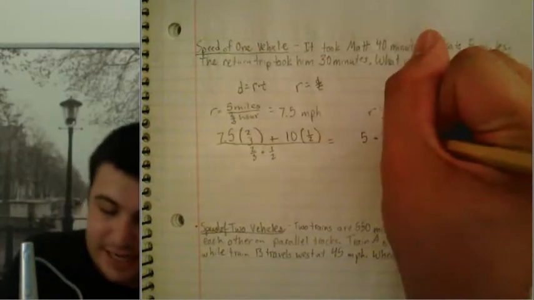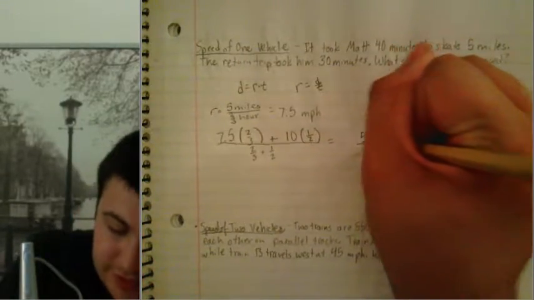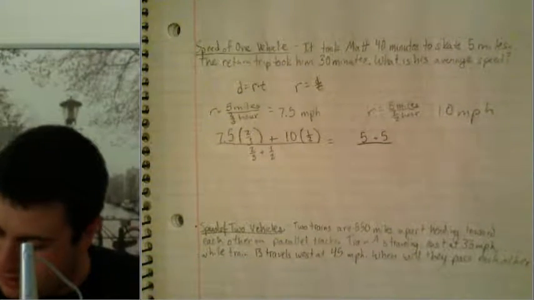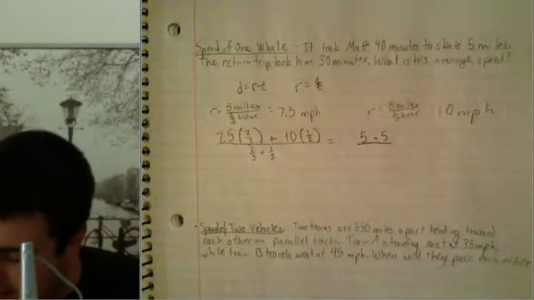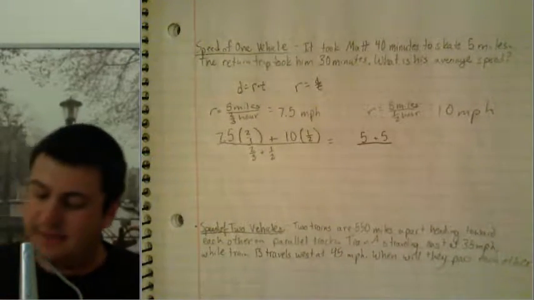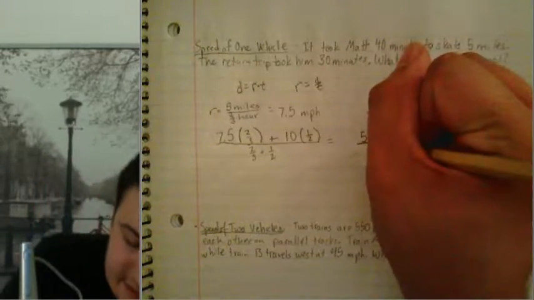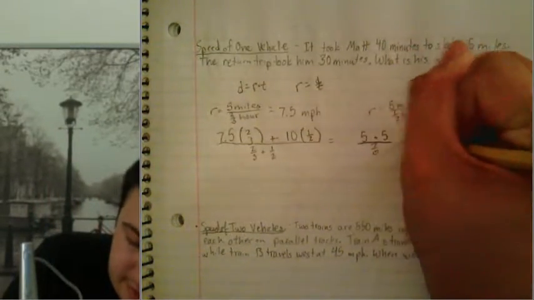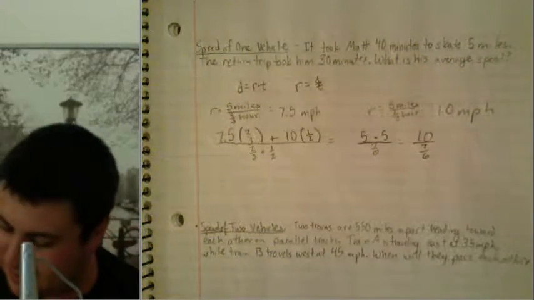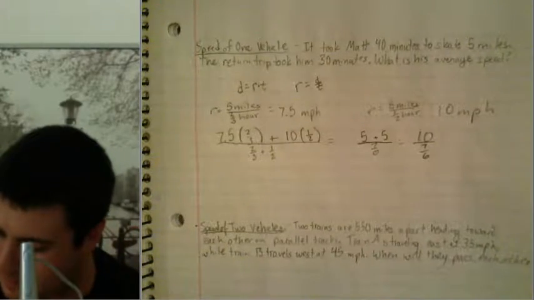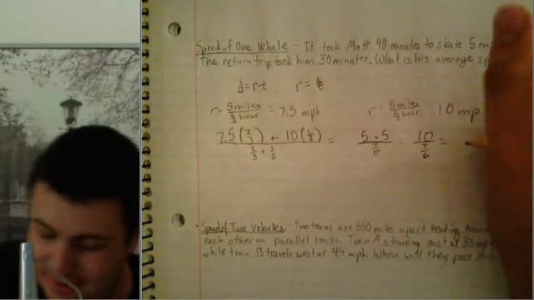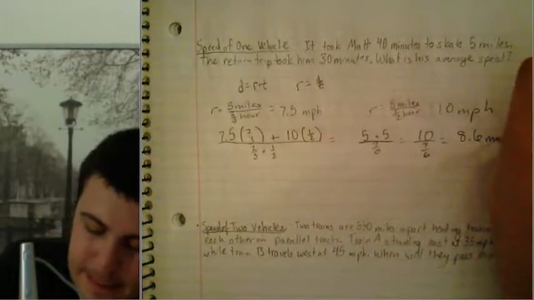That comes out to be 5, over, when we do 2/3 plus 1/2, that comes out to be 7/6. So 10 divided by 7/6. We see that his average speed was 8.57 something. I'm going to say that it was 8.6 miles per hour.